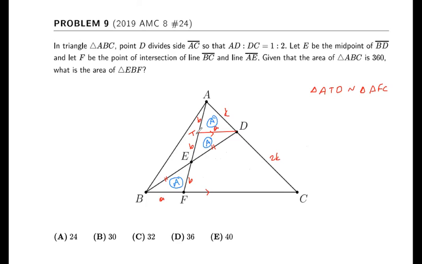We said the area of the triangle ATD is similar to AFC, and the ratio was 1 over 3. If you square this, you will get 1 over 9, which means if this is 1A, the whole AFC has to be 9A. So if you take these two, that will be 7A for this remaining region, which is also useful.